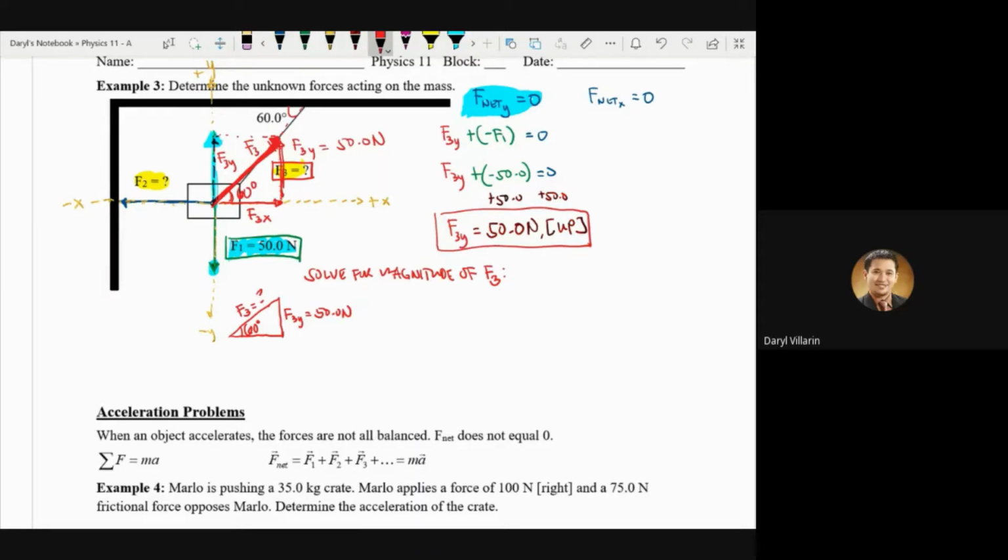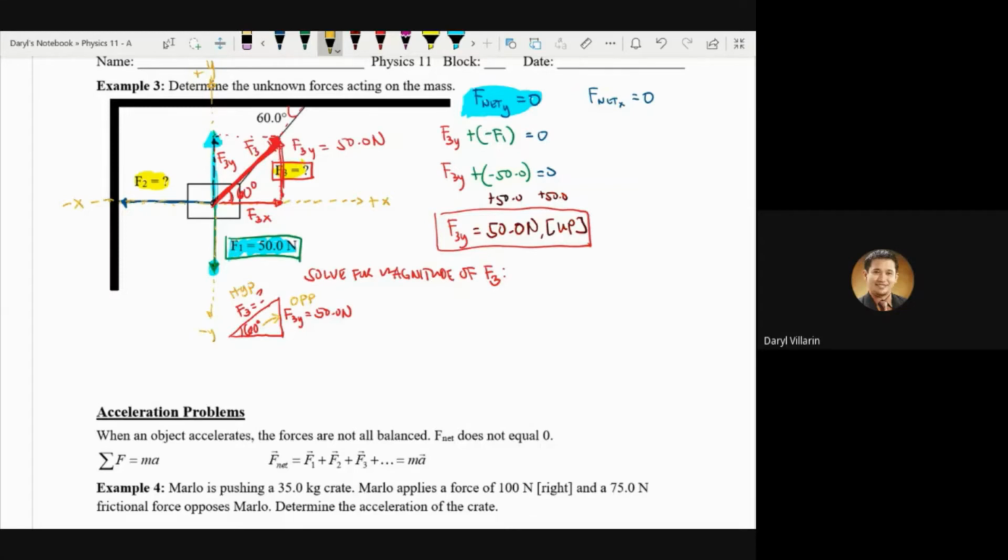Well, I'm going to revisit my trig functions. This particular side is opposite, and this F3 is actually the hypotenuse.